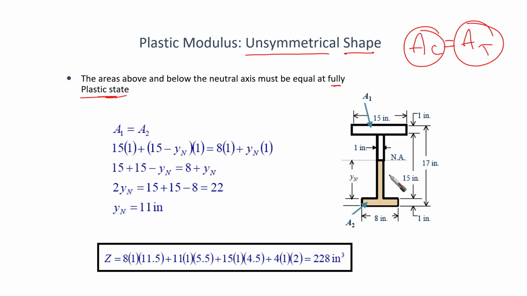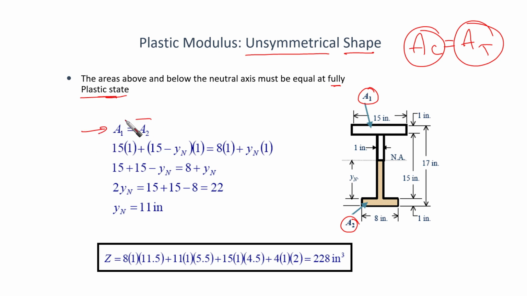So in this case, it's an example only. The first thing that we are 100% sure of is that A1, which is shaded white here, equals A2, which is shaded with this color. So we start with A1 equals A2.